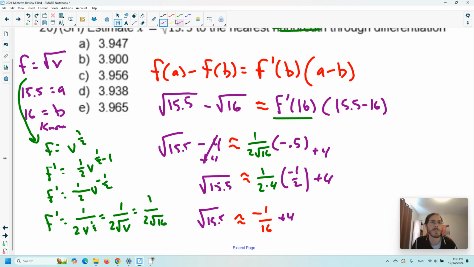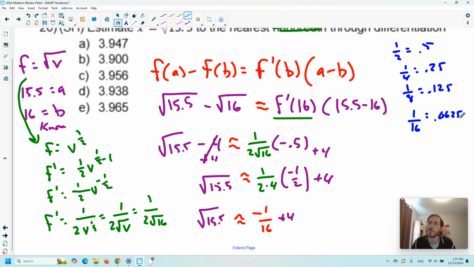So we've got to figure out 1/16 as a decimal. Not too bad, because we know 1/2 is 0.5. 1/4 is half of that, so 0.25. 1/8 is half of that, so 0.125, because 125 times 2 is 250. And then 1/16 is going to be 0.0625.